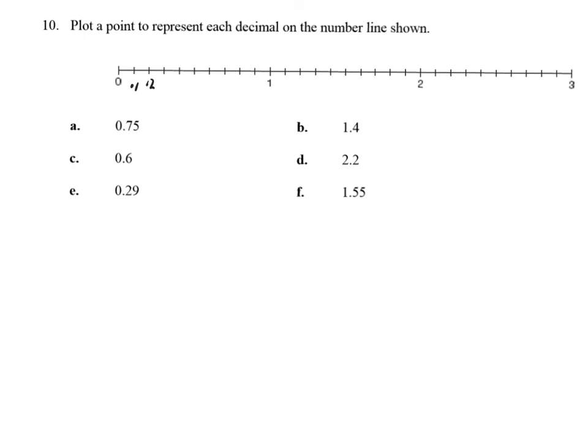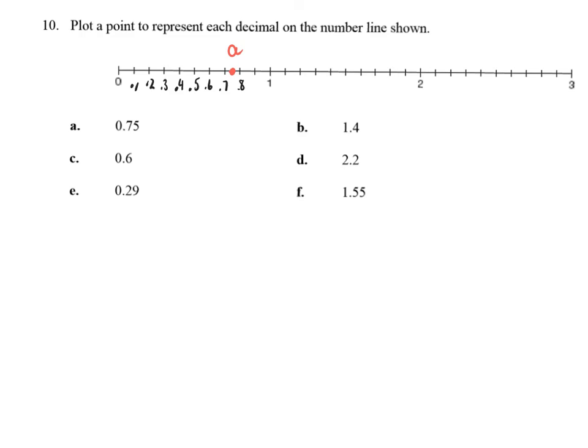So that's what we should be thinking. So I know that 75 hundredths needs to be in between the 7 and 8 tenths. So I'm going to go ahead and finish writing my tenths down real quick just to help me. So there is my 7 and 8 tenths. So A should be right there, the 75 hundredths.